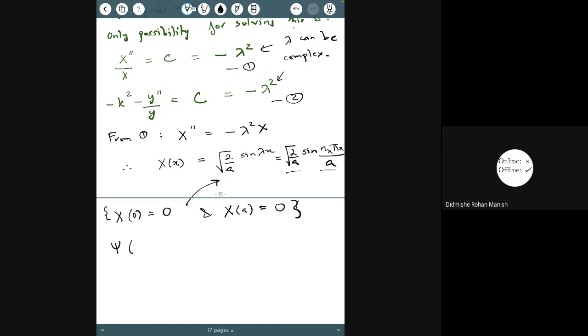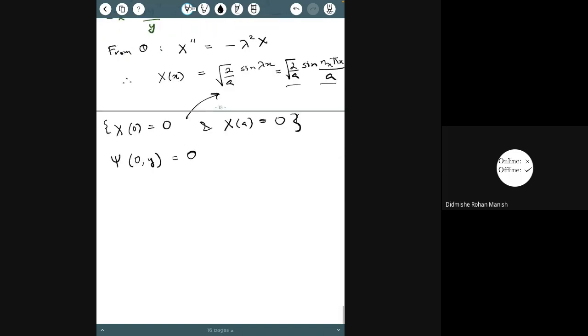But what are the boundary conditions for the 2D problem? It says that if x is equal to 0, then for all y, the function is 0. Also, if y is equal to 0, then for all x, this is 0.